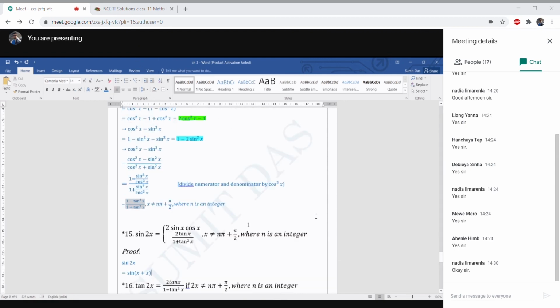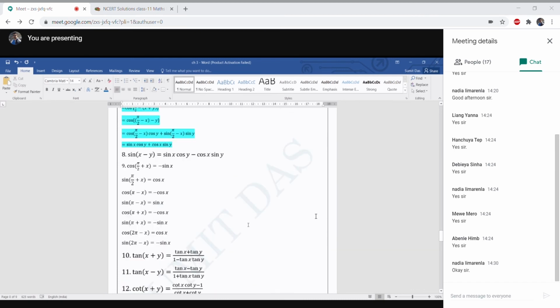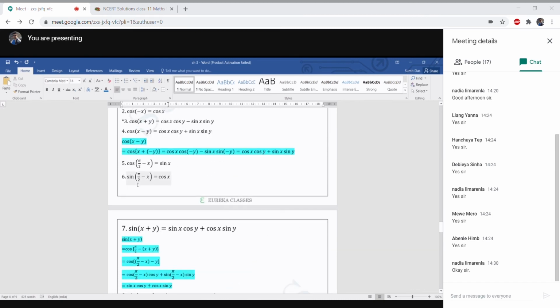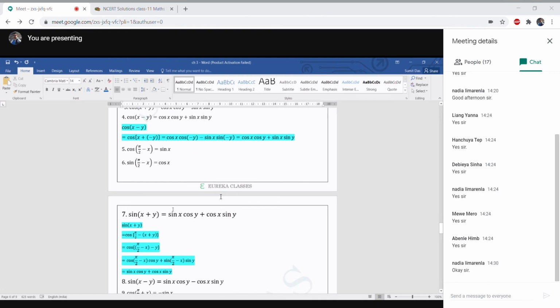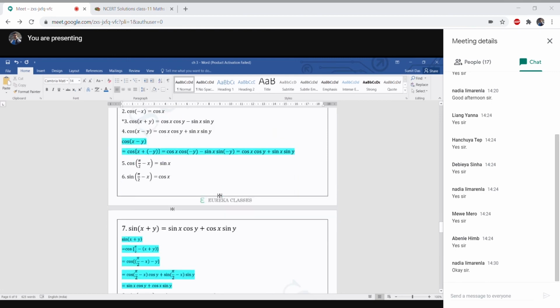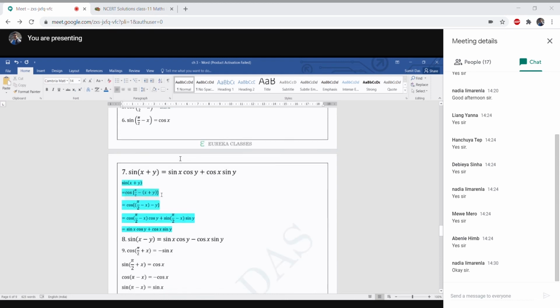We can use the sin x plus y formula. What is the sin x plus y formula here? Yes, sin x plus y here.